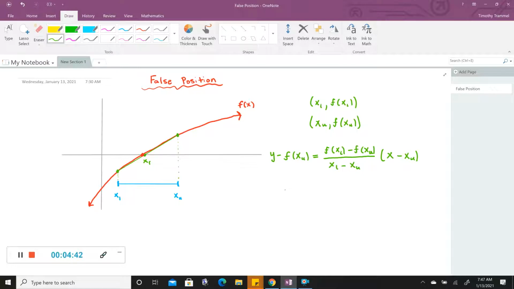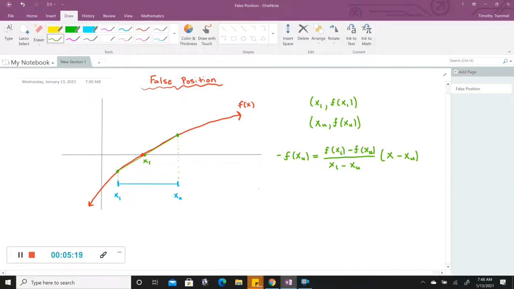Okay. Well, x sub r is the root, meaning that you would replace this y right here with a 0, right? I'm going to go ahead and do that. If I replace that with a 0, okay, well, that's equivalent to just not putting anything there. Okay. So here's our equation now if we let y equal 0, and our goal is to solve for x. That would be finding the root. Okay. So what we'll do is let's multiply by the reciprocal of this fraction that we're looking at here.